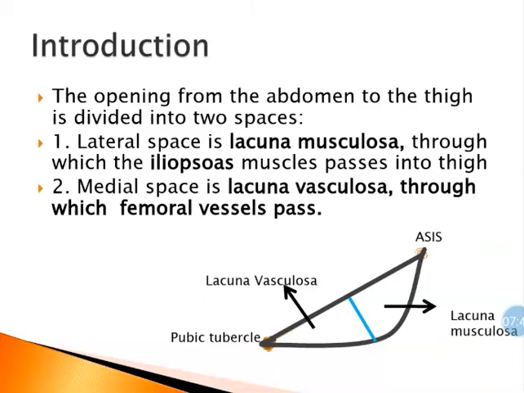Another boundary of this space is the hip bone, and this space can be divided into two parts: the lateral one is lacuna musculosa and the medial one is lacuna vasculosa. So in the musculosa, the content is the iliopsoas, and in the vasculosa, the content is the femoral vessels.